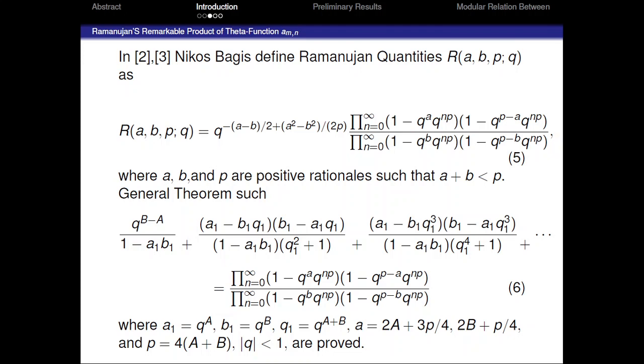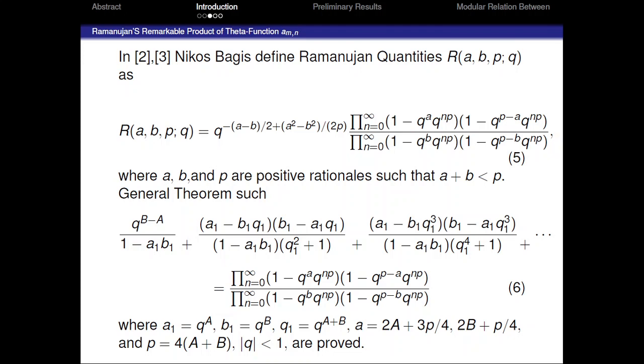We define R(a, b, p; q) equal to q^(-(a-b)/2 + (a^2-b^2)/(2p)) times the product for n equals 0 to infinity of (1 - q^a q^(np))(1 - q^(p-a) q^(np)) divided by (1 - q^b q^(np))(1 - q^(p-b) q^(np)), where a, b and p are positive real numbers such that a plus b is less than p.